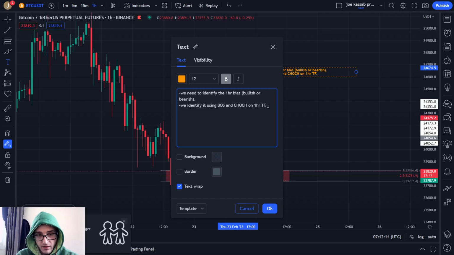Good. After we identify the 1 hour time frame, we need to wait for retracement.